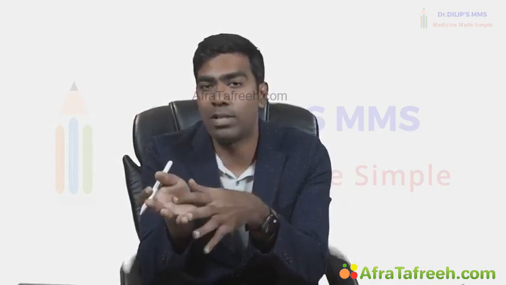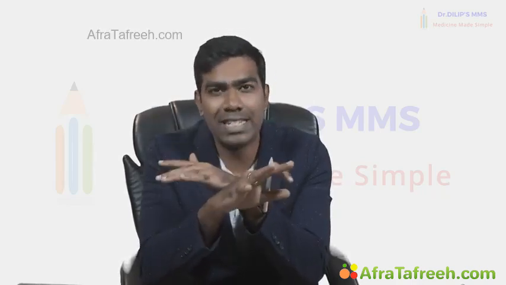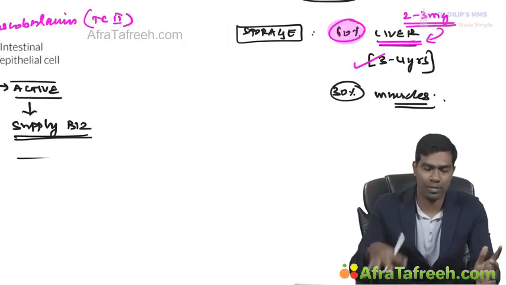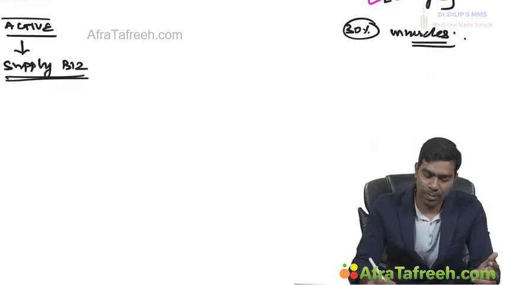To be honest, generally only fat soluble vitamins are stored in the body in significant amounts. The water soluble vitamins are generally not stored in significant amounts. B12 is the only water soluble vitamin that is stored in significant amounts, such that the stores can last for almost 3 to 4 years. So that is why this B12 storage is very significant as well.